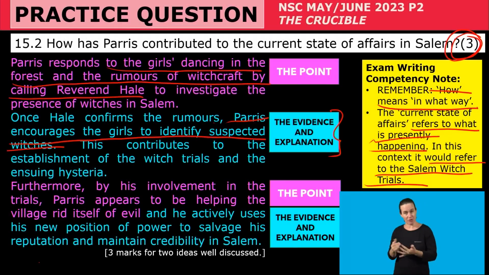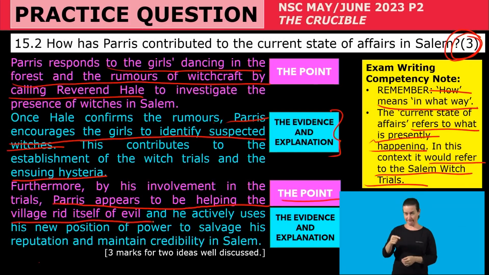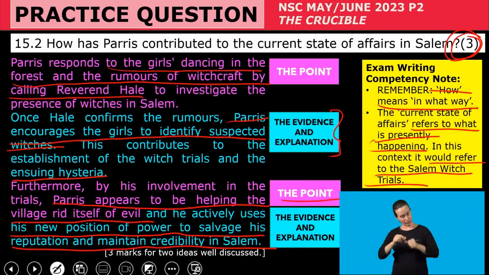This contributes to the establishment of the witch trials and the ensuing hysteria. The point. Furthermore, by his involvement in the trials, Parris appears to be helping the village rid itself of evil. Evidence and explanation. And he actively uses his position of power to salvage his reputation and maintain credibility in Salem.